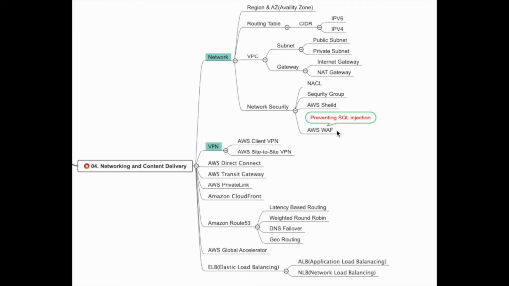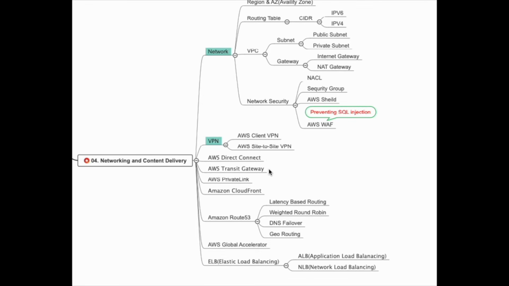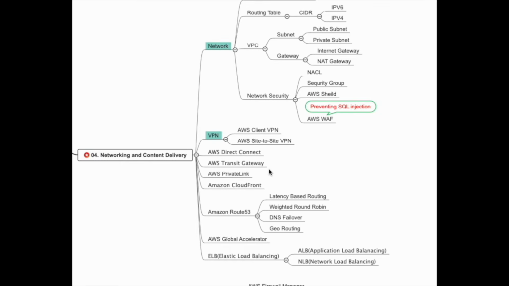You also need to understand VPN to connect on-premises or VPCs. There is also a service called AWS Direct Connect, which creates a dedicated line between AWS and on-premises. Also, AWS Transit Gateway, a service that integrates VPC connections. And there is also PrivateLink in AWS that sets up an endpoint for my VPC.